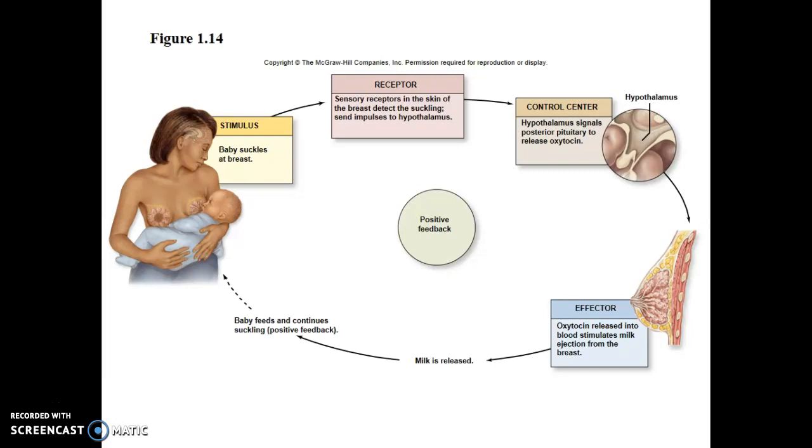So it allows milk to be ejected from the mammary glands, and the baby gets milk. And when the baby gets milk, the baby sucks harder. And this is going to stimulate more oxytocin to be released. And this occurs until the baby is content.